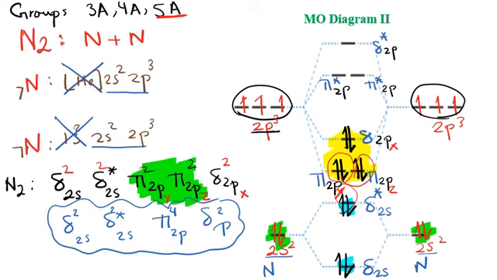And last thing, talking about bond order, I'm going to calculate that half of number of bonding. Let's count bonding electrons here. 2 and 4, totally 6. So you may take a look at the diagram as well.